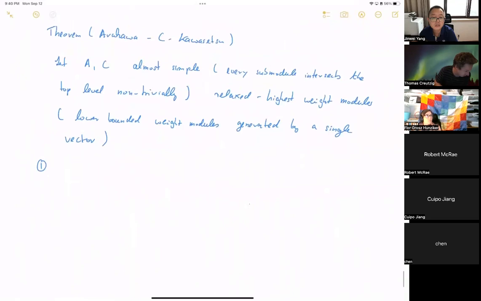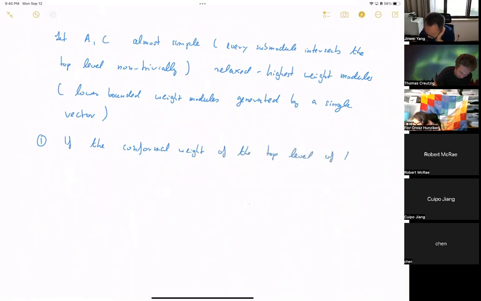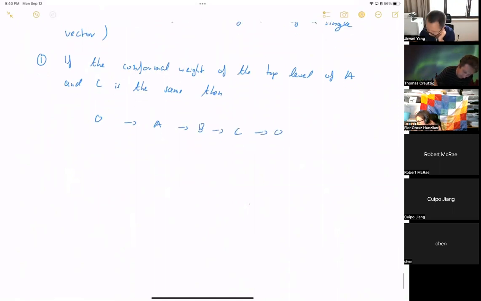This is a no extension theorem, essentially, and it goes into two cases. If the conformal weights of the top levels of A and C coincide, so they have the same conformal weight, then a short exact sequence, an extension of C by A, splits if it splits on the top level.